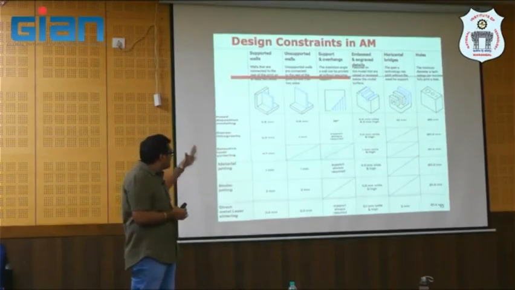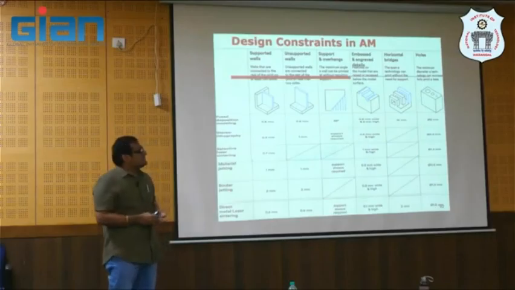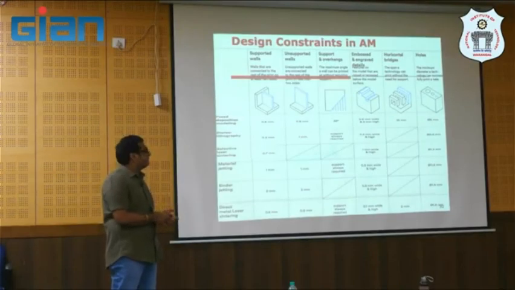So we need to understand these constraints. Each and every process will have some constraints. We need to avoid a situation where you could not build it, or there's some build failure, because you may not have followed the design guidelines properly.